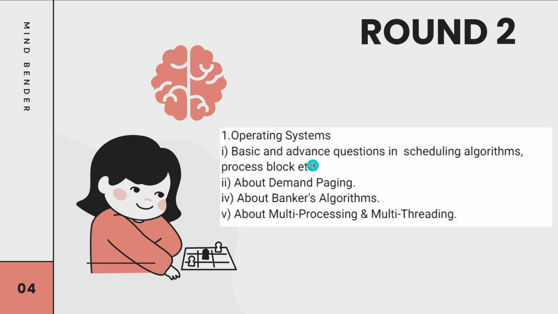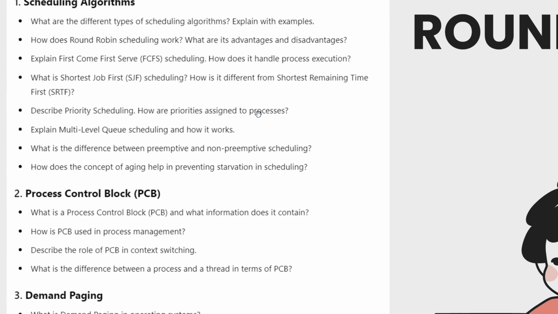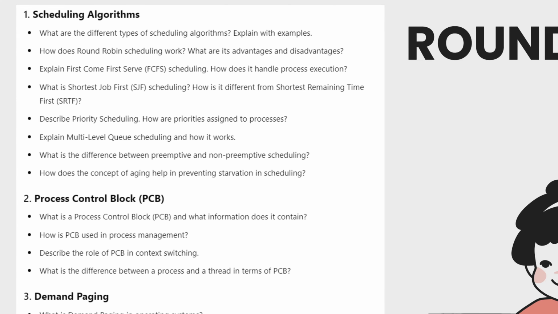Operating systems: they have asked basic and advanced questions on scheduling algorithms and process block, demand paging, Banker's algorithm, and multiprocessing and multithreading. These are the questions which they gave on scheduling algorithms.